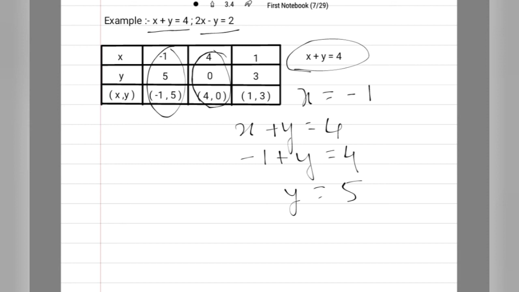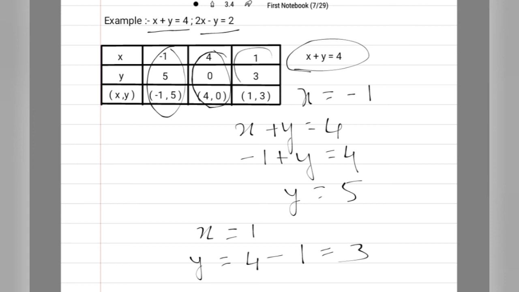Now the third point is, if we take x is equal to 1, then we get y is equal to 4 minus 1. Taking this x term on the other side, we get 3.